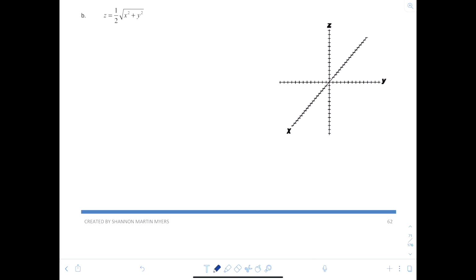So for this one, let's take a look. Why don't we let z equal to 1 just to see what our xy plane will look like. So if z is 1, do you see we'd have 2 is equal to root x squared plus y squared? And then if you square both sides, you'd have 4 is equal to x squared plus y squared.